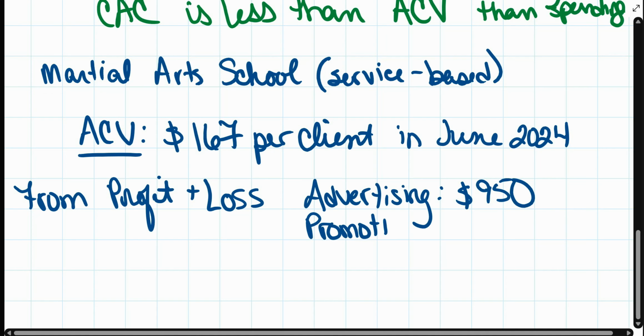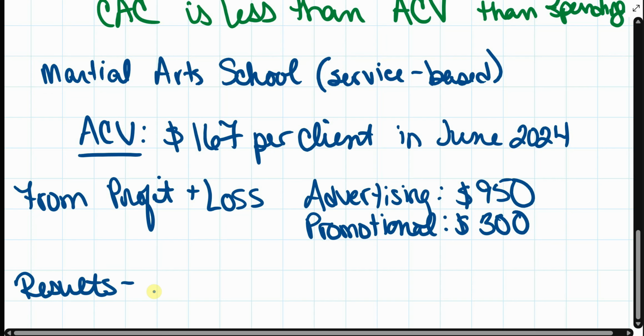And they use the promotional category to categorize the amount of free stuff they give out. In their promotional category, they ended up spending $300. And from all of these efforts, the results came in with a total of 7 new clients.